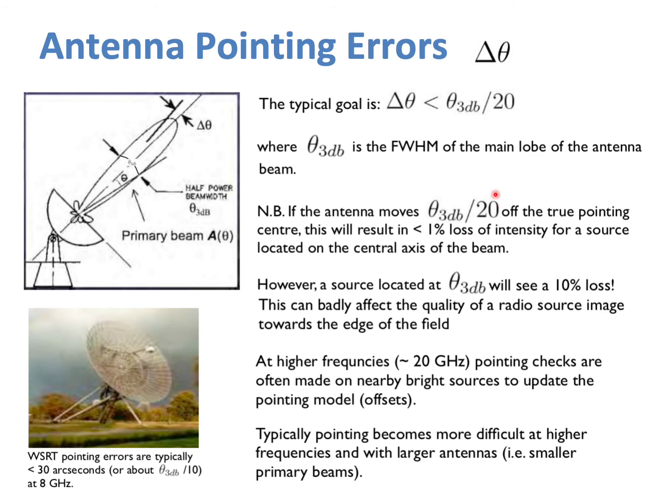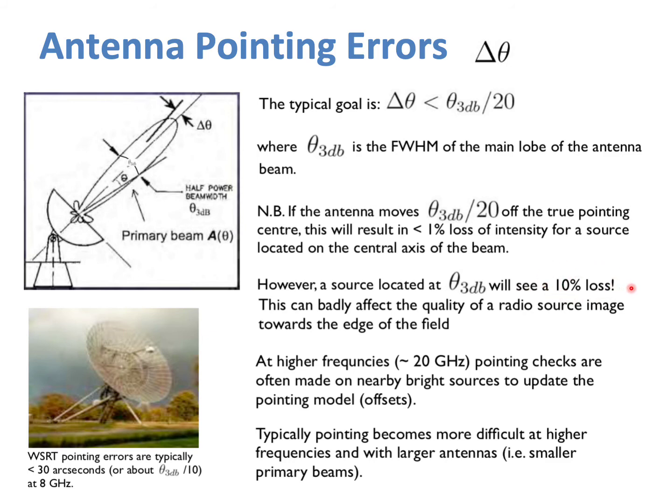If you're only pointing away from that source by that much, the full width half max over 20, that's fine. If somehow the beam moves an entire full width half max, so that the source you want to point at is at the full width half max point of your beam, the edge of your beam, considering the full width half max being what we consider the edge of the beam, then you'll see a 10% loss in intensity from that source.